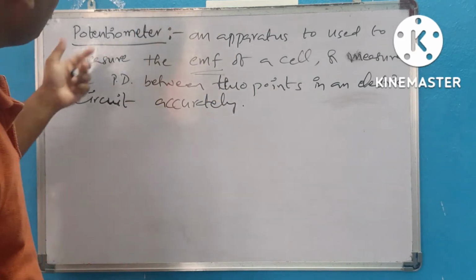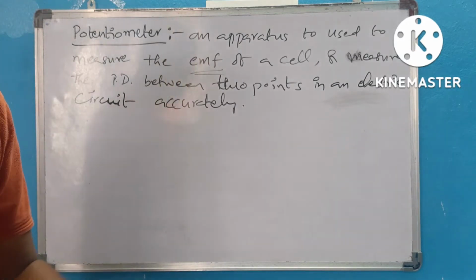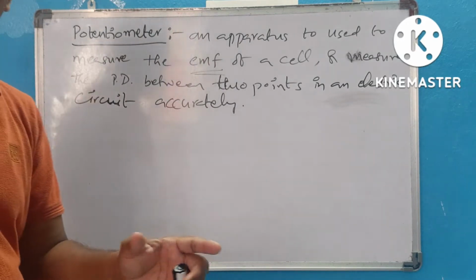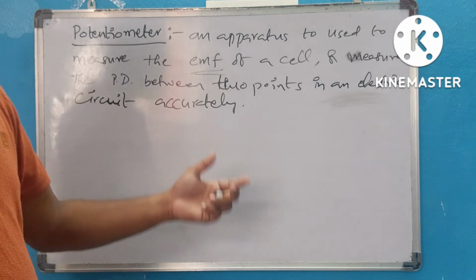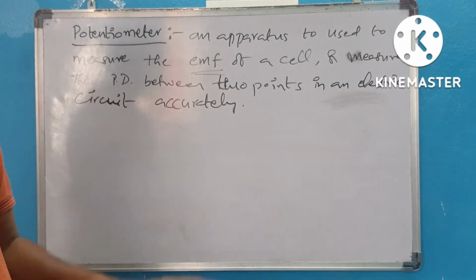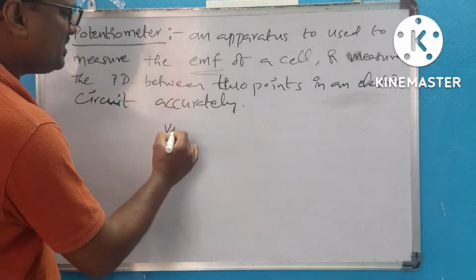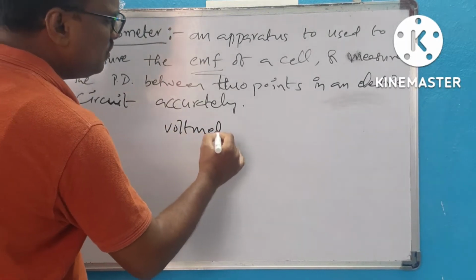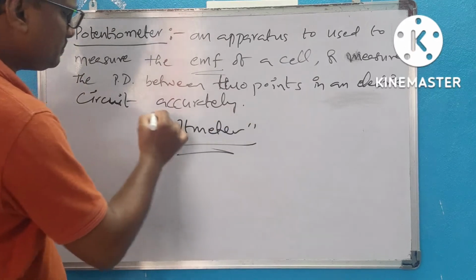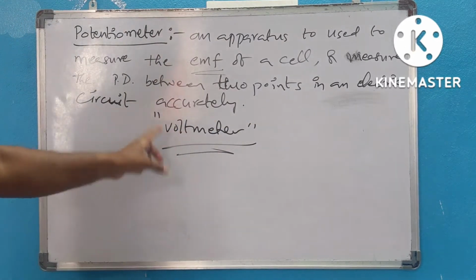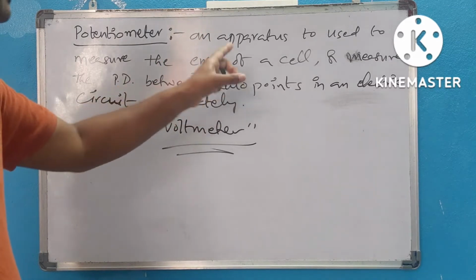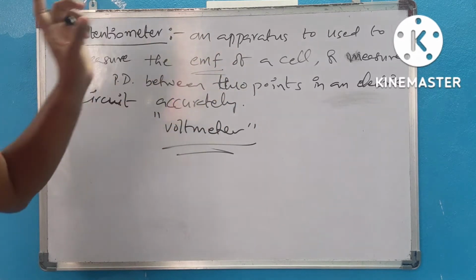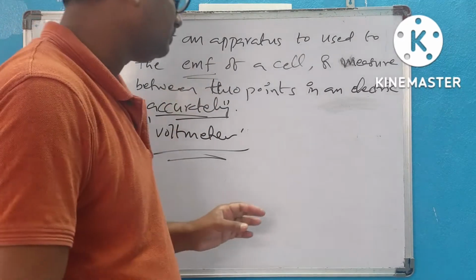Generally, to measure the potential difference between any 2 points, we use a voltmeter. But here, instead of a voltmeter, the potentiometer is used to measure the potential difference between the 2 points.